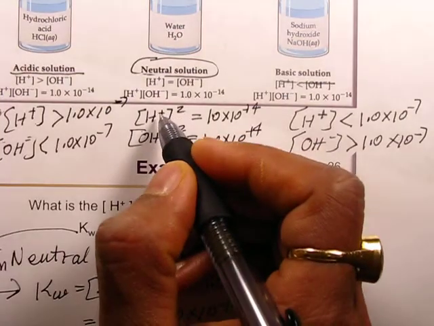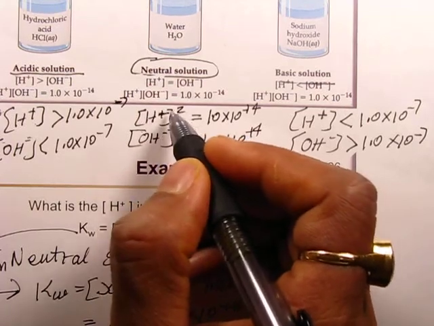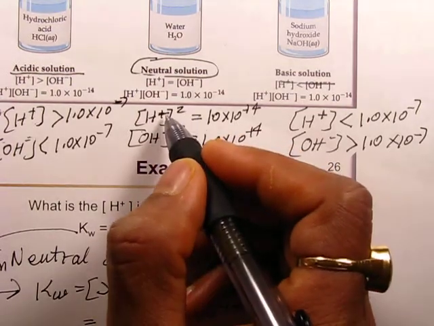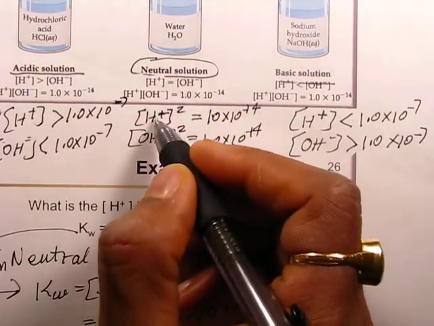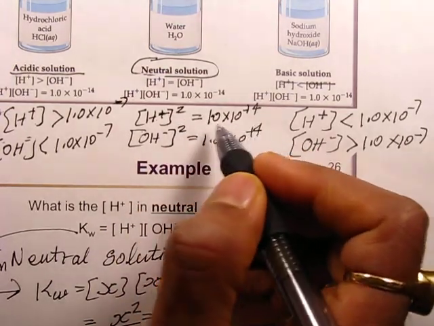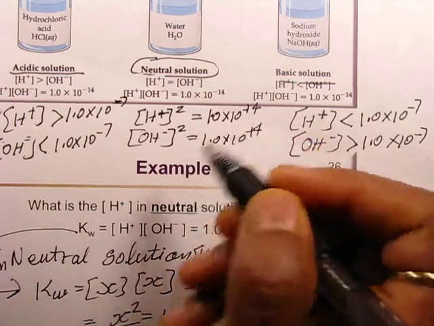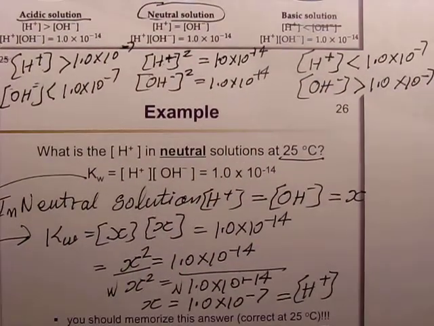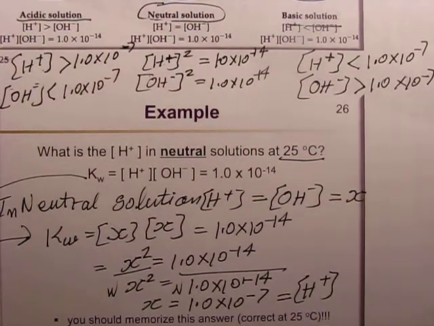So here I was showing that H plus ion raised power 2. If I find out in neutral solution H plus ion, this will be under root of this one, and under root of this one will be 1.0 times 10 raised to minus 7. So this was one example which we have solved.